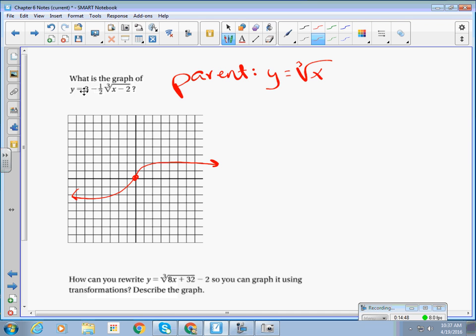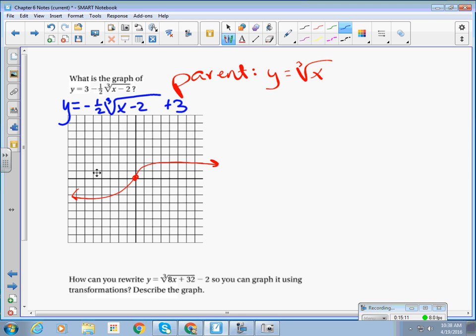Move it 3 units because I rewrote this function. Y equals negative 1/2 cubed root x minus 2. That 3 is technically a plus 3.